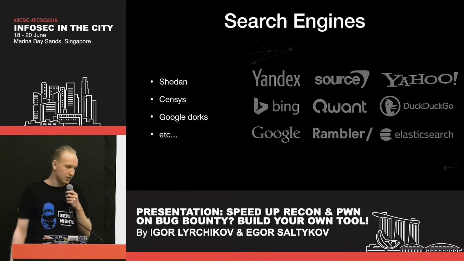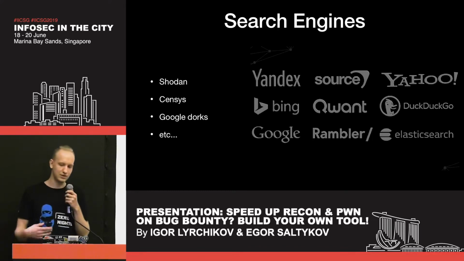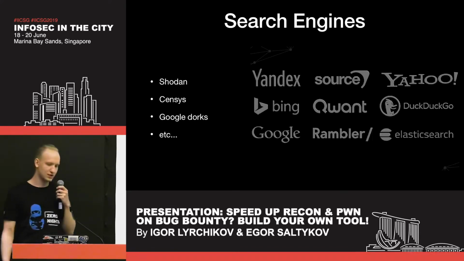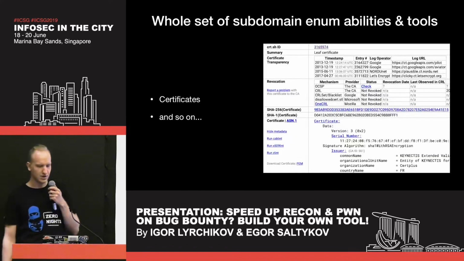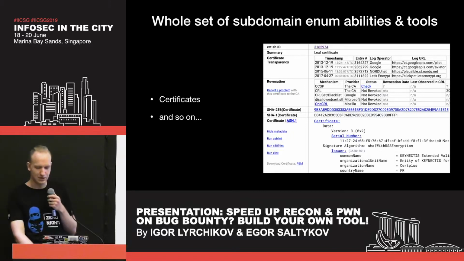So when you add some kind of subdomain enumeration to your tool, you can improve it with continuous gathering using public APIs of search engines such as Shodan, Censys, Google Dorks, everything you want. Then you actually perform a lookup through every interesting source you may find useful in your manual analysis.